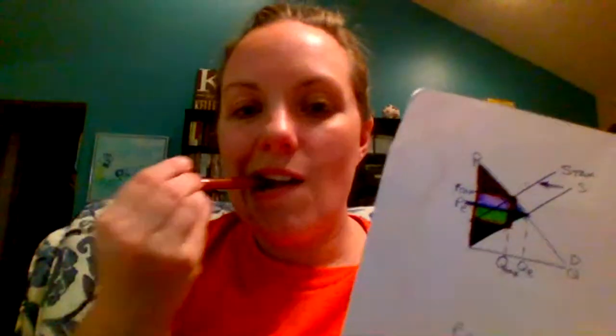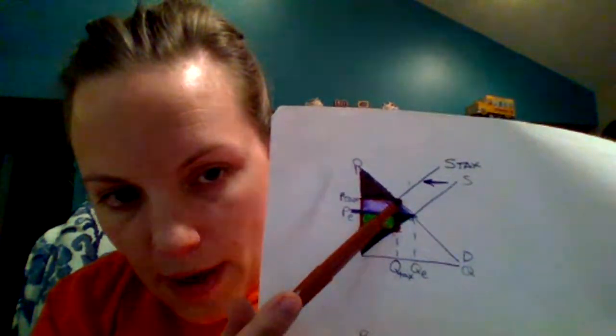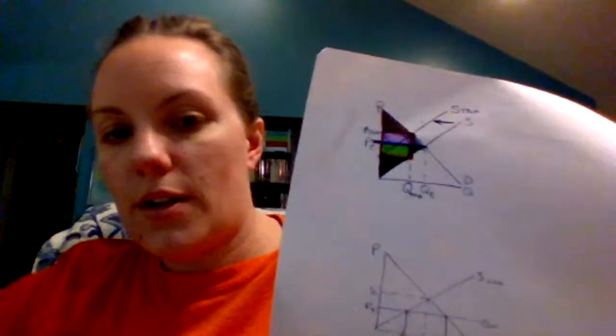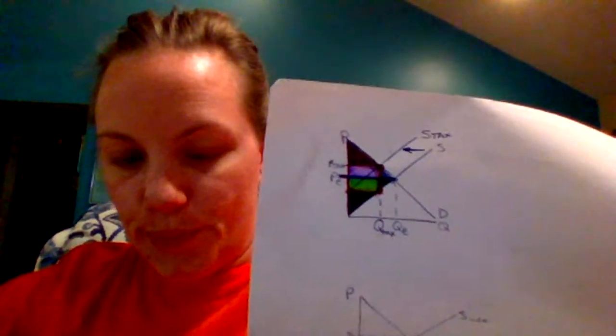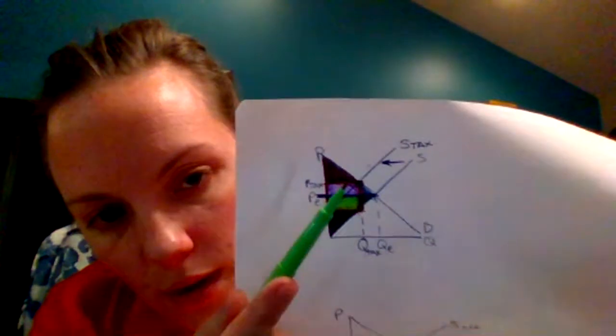So give me 1 second. Put my graph back up here. Up there, that equilibrium point. This is a crappy marker because that disappears. Let me find a bright color that you can see. Okay.